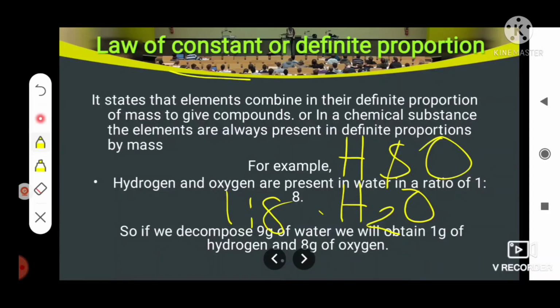Law of constant or definite proportion. The law of constant proportion was given by Joseph Proust in 1779.